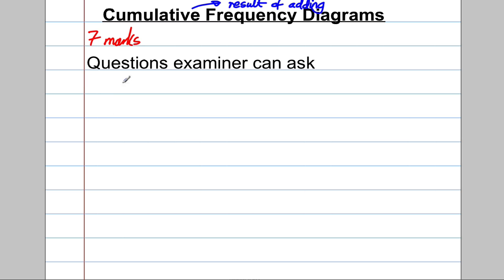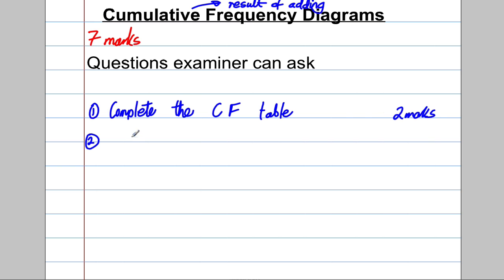And here are the questions the examiner can ask. It's worth listing these, and then as I go through the video, at the end check whether I've covered all of these off. The first question an examiner can ask is to complete the cumulative frequency table, and I'm going to use CF for cumulative frequency. The second thing they can get you to do, usually 1 or 2 marks, is draw the cumulative frequency diagram or graph, and that can be 2 or 3 marks.